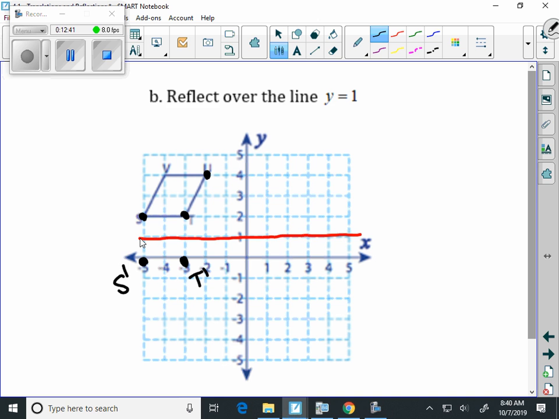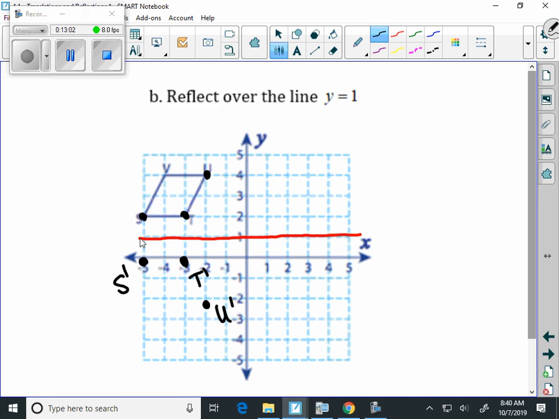U is 1, 2, 3 spaces away from the red line. So on the other side, we're going to count 1, 2, 3 spaces away from the red line. And V is also 1, 2, 3 spaces from the red line.